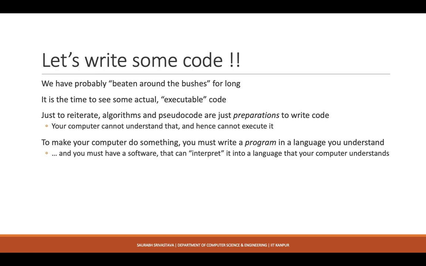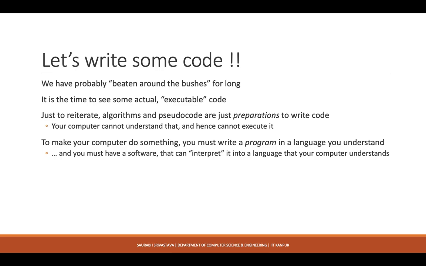So when you want to do certain tasks on a computer, you have to write a program to do that. And whatever program you write, there has to be software installed on your particular computer, which can interpret this into a language that your computer understands. We've seen what that language looks like.